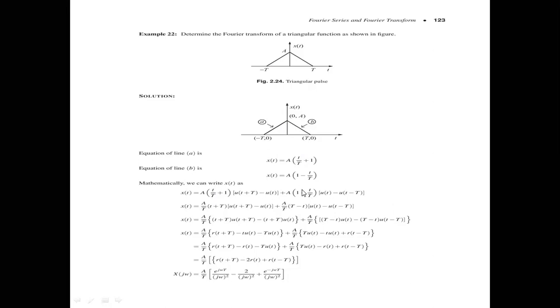The second term also, mu of t minus mu of t minus capital T, and converting into the ramp function: r of t plus capital T minus 2r of t plus r of t minus T.